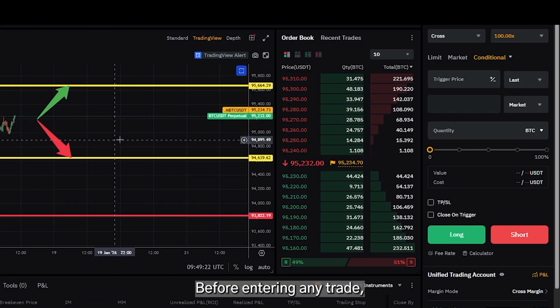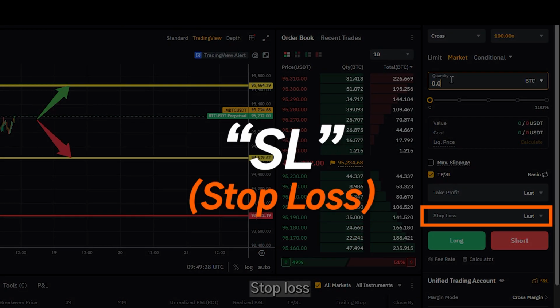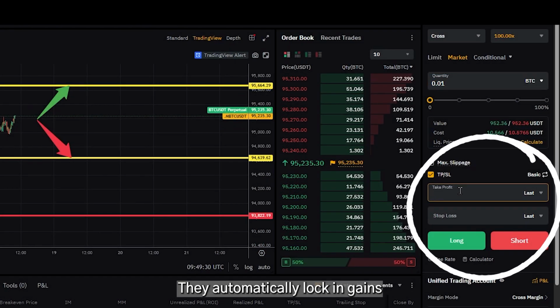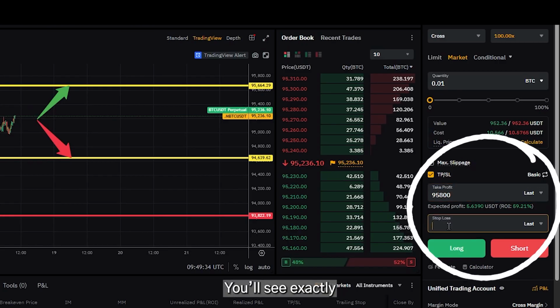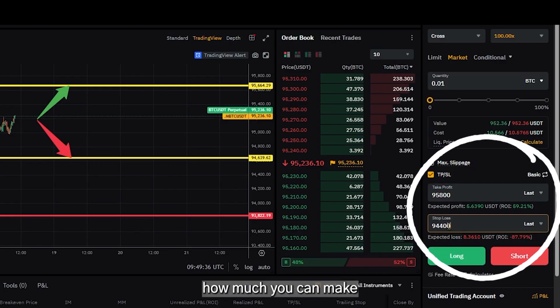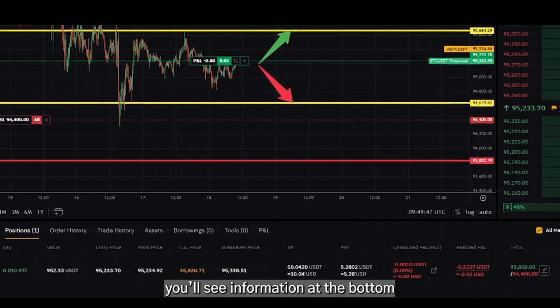Before entering any trade, always set TP and SL. Take profit, stop loss. They automatically lock in gains or limit losses. You'll see exactly how much you can make and how much you can lose. This is not optional. It's mandatory. Once a position is open, you'll see information at the bottom.